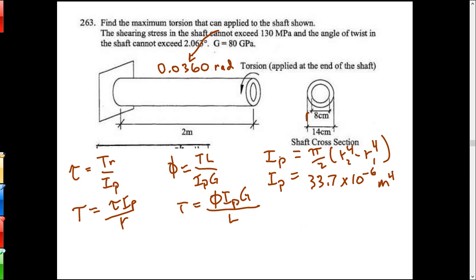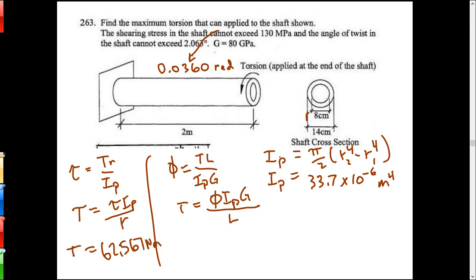Now you're going to get two of them, so keep that in mind. These are two independent things that you're solving for. So when you run this torsion, you should get 527. Nope, 567. There we go.